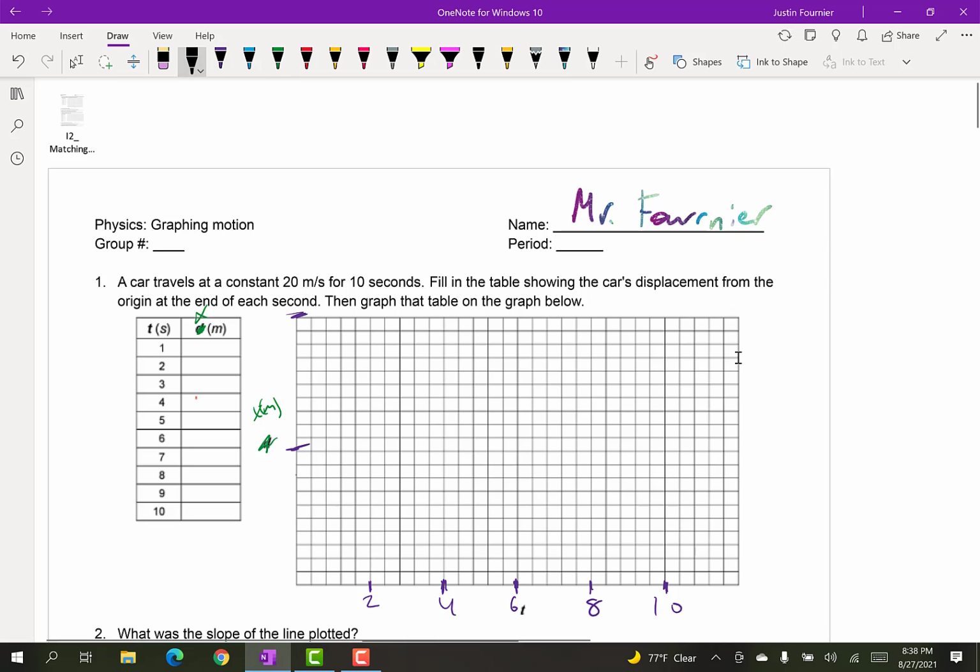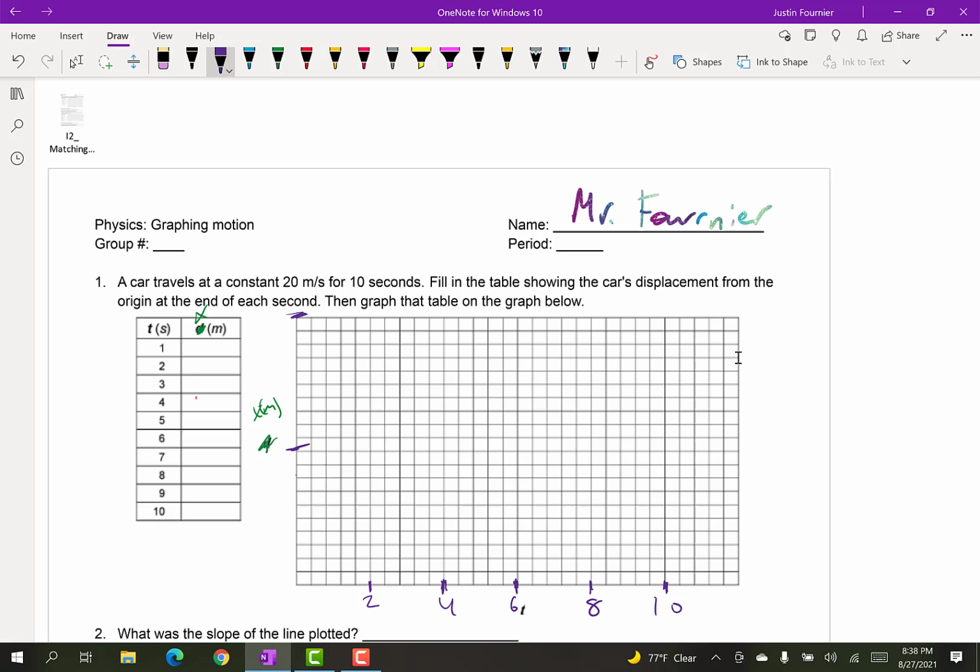So 20 meters per second for 10 seconds. If it's 20 meters per second, that means every second that goes by, it is moving 20 meters. It's the rate of how much its position changes.